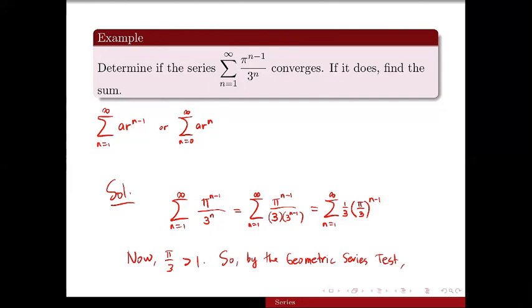By the geometric series test, the series pi raised to n minus 1 over 3 to the n, from 1 up to plus infinity, is divergent.